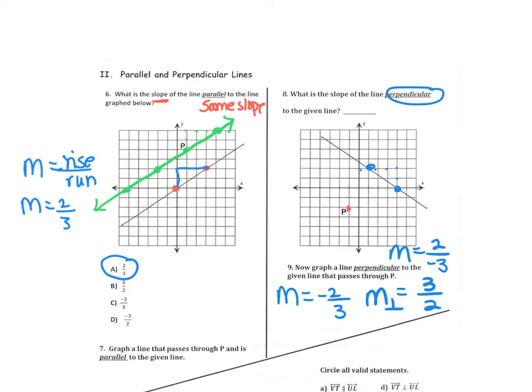So here's me at P, going up 3 over 2, and I'm going to connect those. And even though it's not the straightest line, guess what? It connects to make a 90-degree angle, which is what perpendicular is.